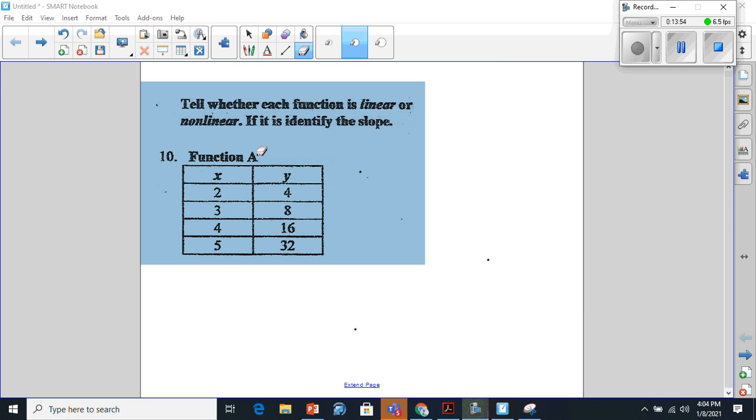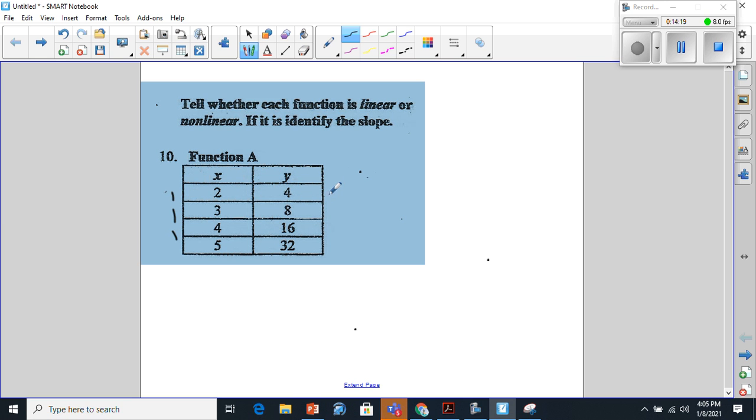All right, next we have number 10, which says the function x is 2, 3, 4, and 5, and the next one is 4, 8, 16, and 32. Well, over here we have an increase of 1. 2 plus 1 is 3, 3 plus 1 is 4, 4 plus 1 is 5. So each one of these has an increase of 1.